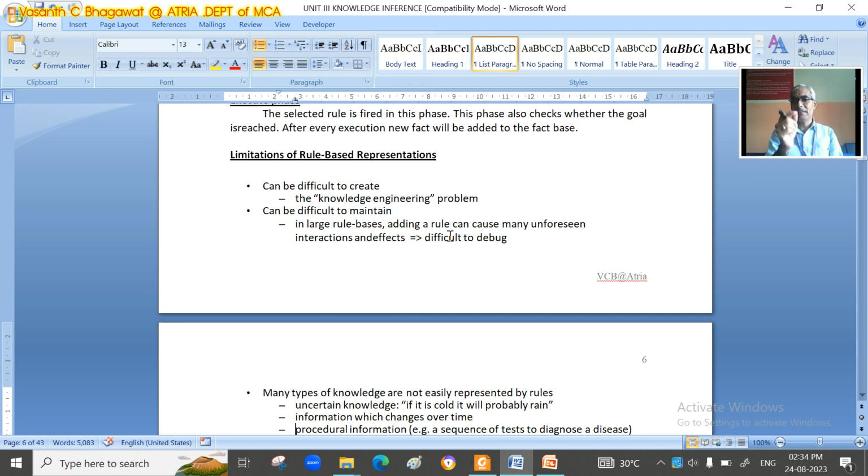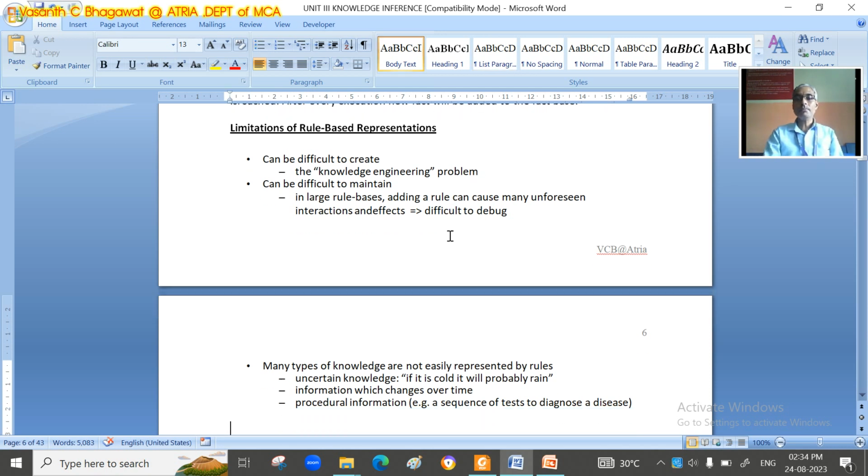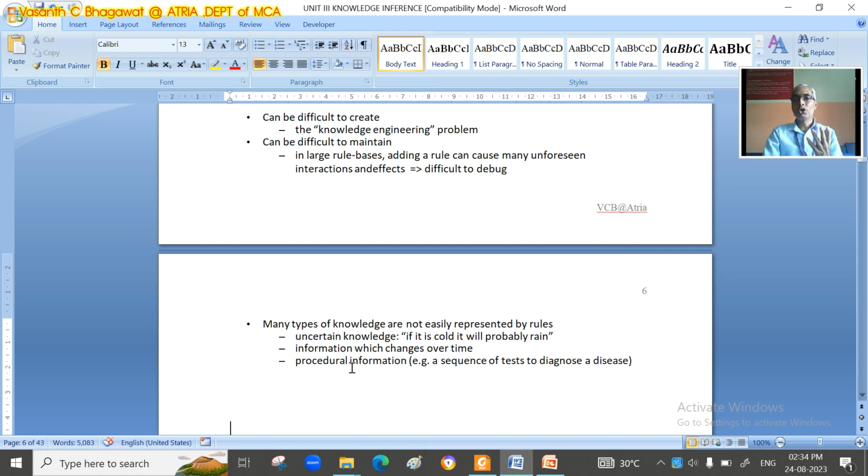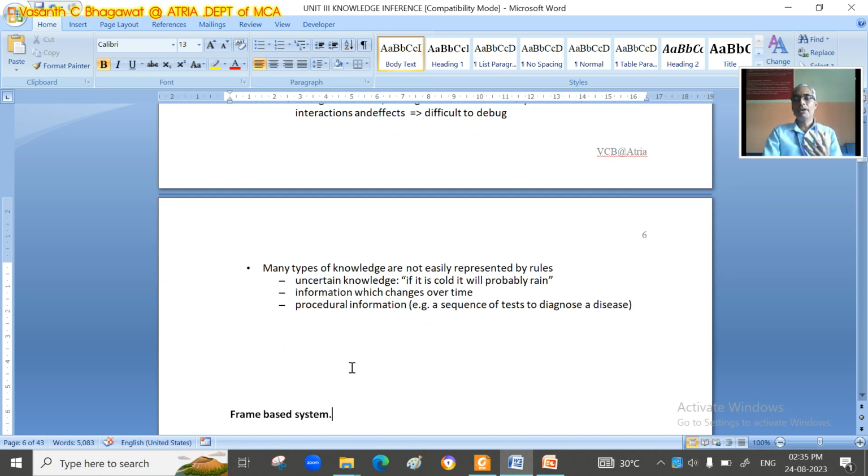That is why we say if condition then write a rule. But in many applications where the knowledge is uncertain in nature, this rule based system is very difficult to use.